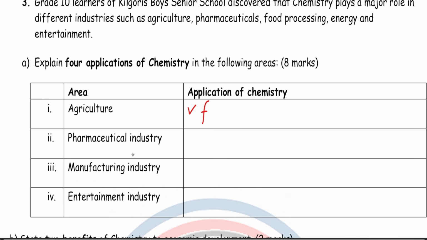Most of the time we use chemistry to make fertilizers that increase the crop yields. You also use pesticides to remove the pests around the fields. So we use pesticides.